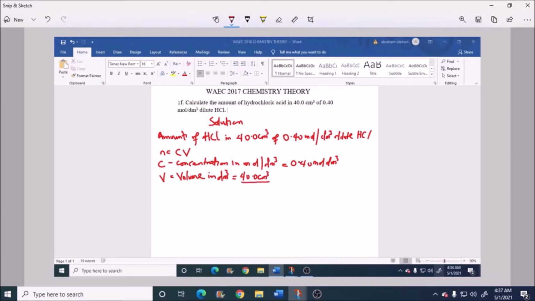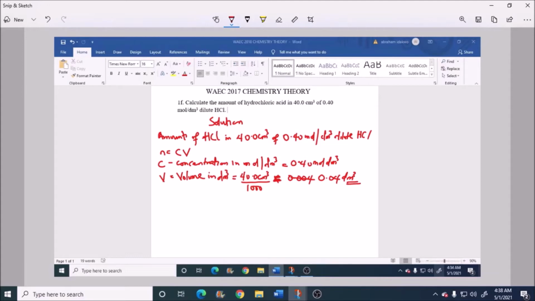Then we have to convert it to dm cube by dividing by 1000, which gives 0.04 dm cube. That's our volume.